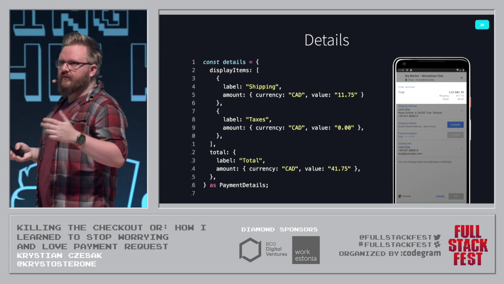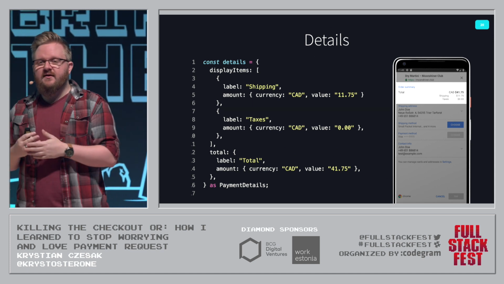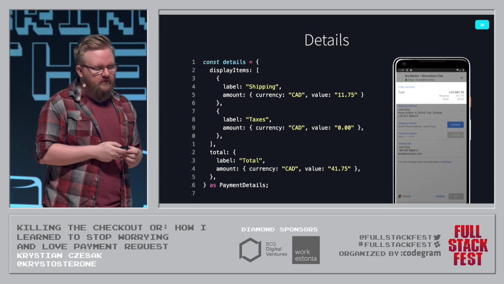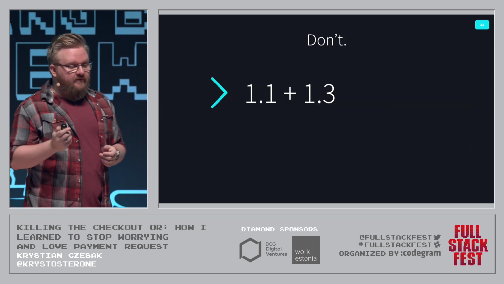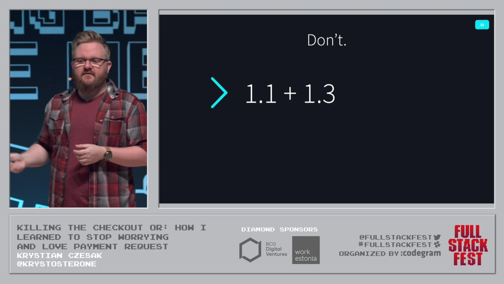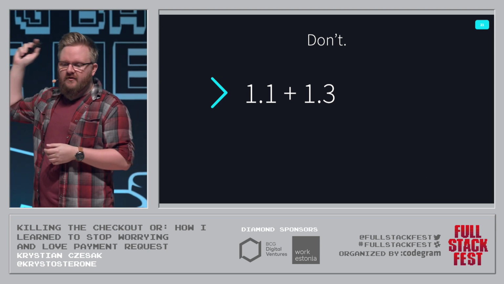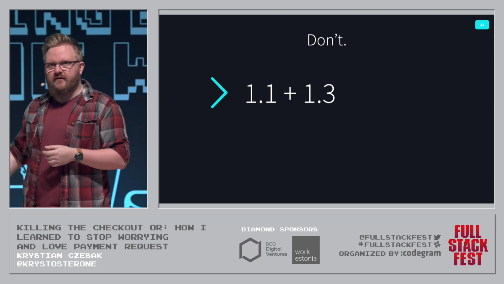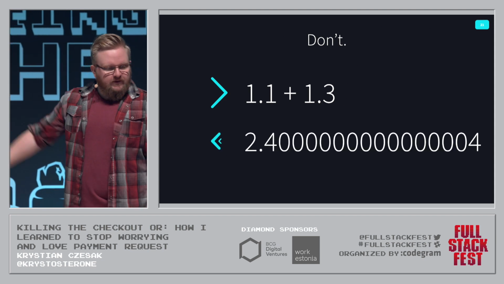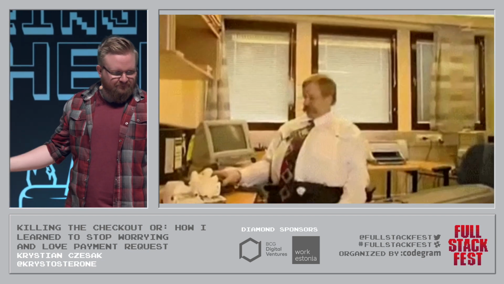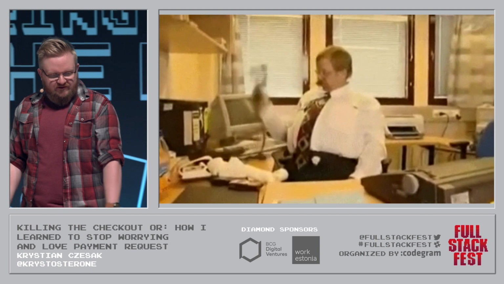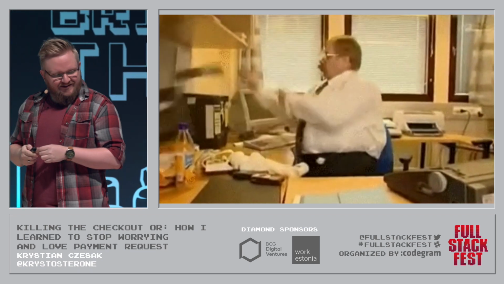It's up to you to present it correctly to the user and do the summation probably in your backend. And please, for the love of God, don't do the summation in JavaScript, because as we all know, 1.1 plus 1.3 in JavaScript equals, of course, very frustrating. So please keep it in the backend.